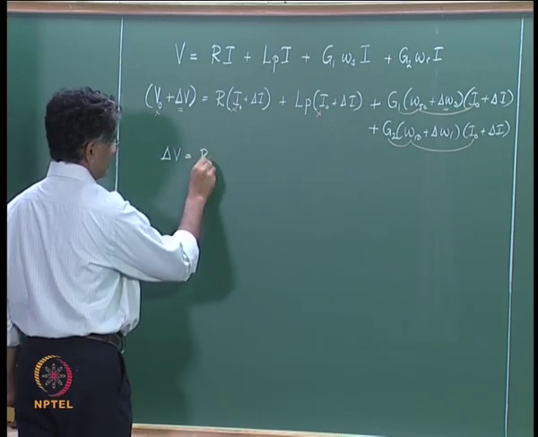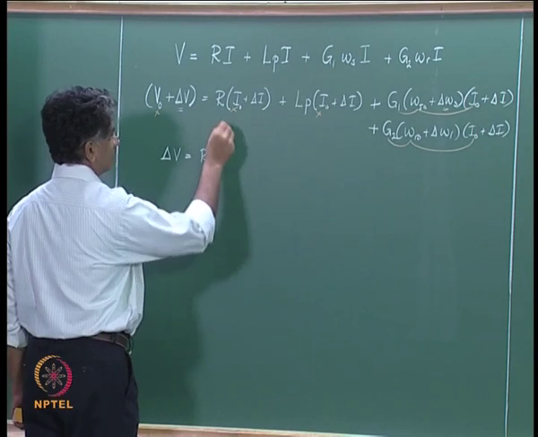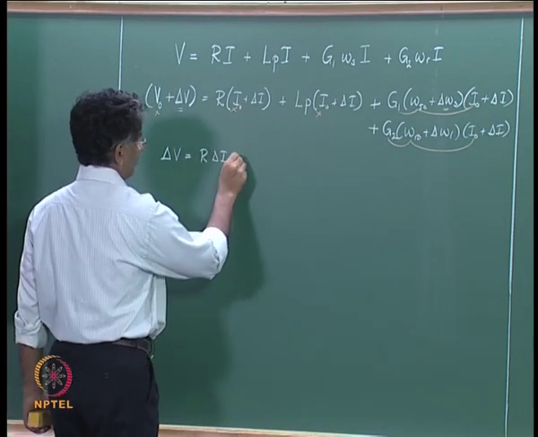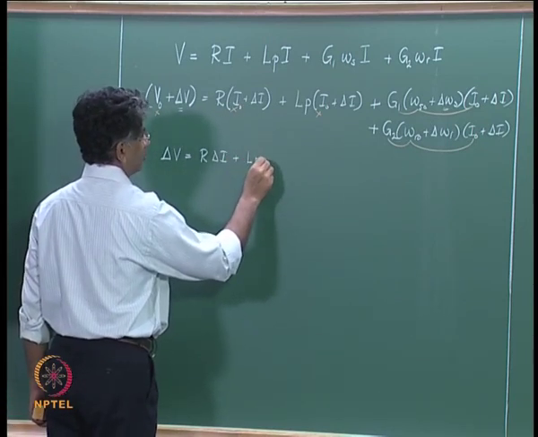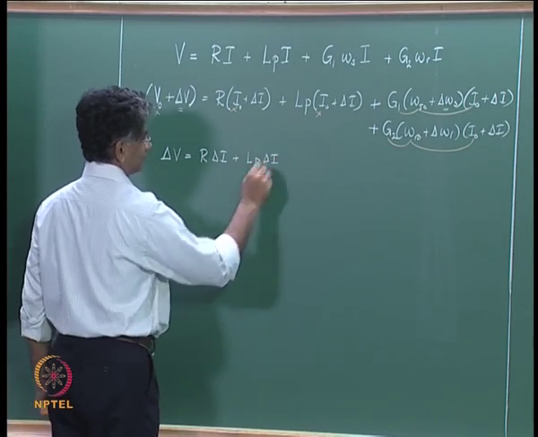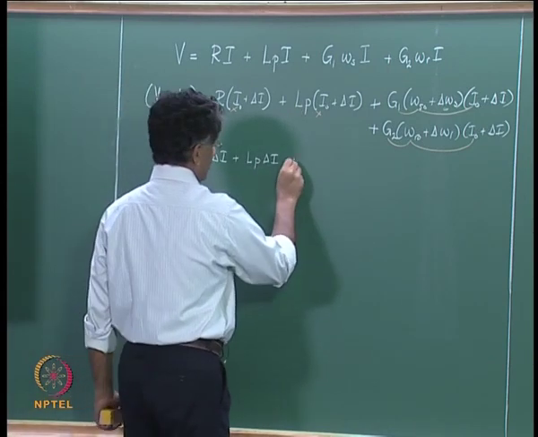Delta V is then R into delta I, that is from this term, plus L into P delta I, that comes from here.